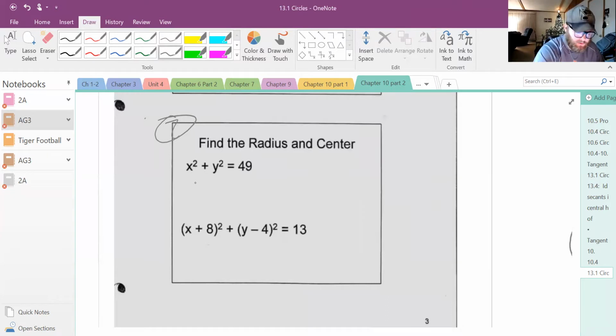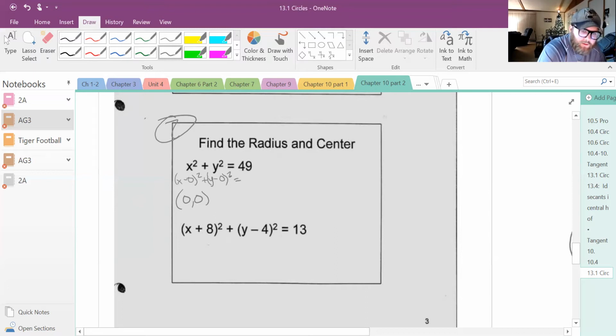Where's my center? Remember, my center is going to be 0, 0, because this actually is saying (x minus 0) squared plus (y minus 0) squared equals 49.